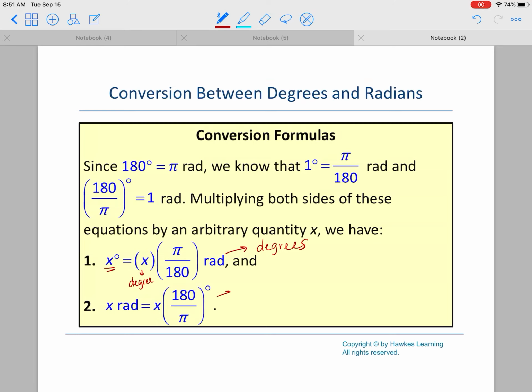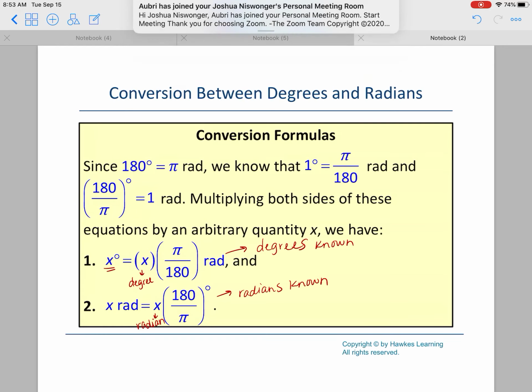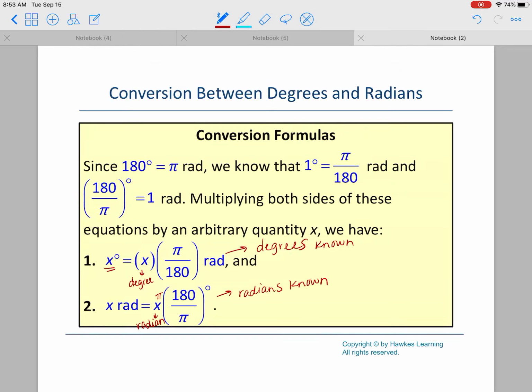Vice versa, if I know my radians, I'm going to take that radian measure, flip that fraction, and multiply it by 180 over pi. The whole reason is that my radian is going to have a pi in it, so those pi's are going to cancel each other out.